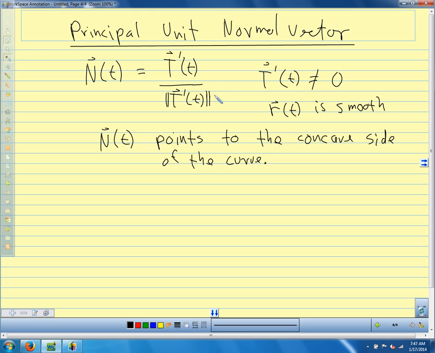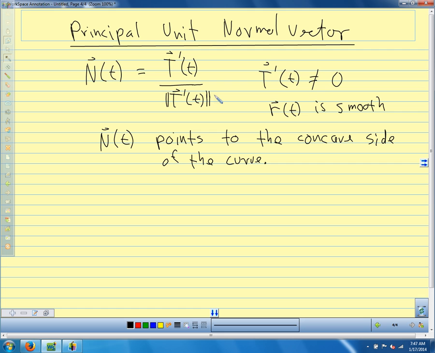We're going to use our unit tangent vector and our unit normal vector to help us with those concepts: the acceleration that goes in the direction of the curve, and the acceleration that goes normal to the curve. That's going to lead us into the idea of the curvature, and we're going to be able to quantify curvature of a curve at any given point, which is kind of nice.